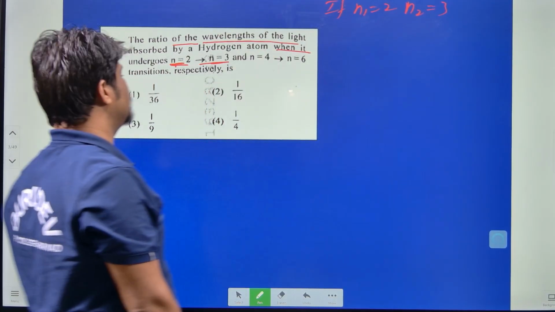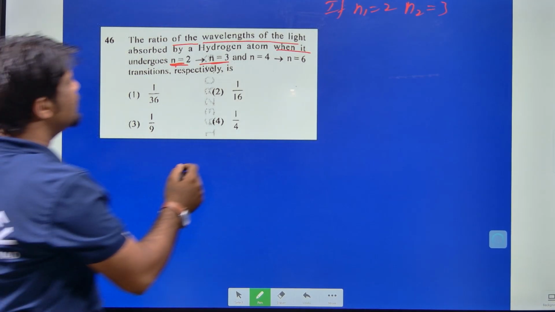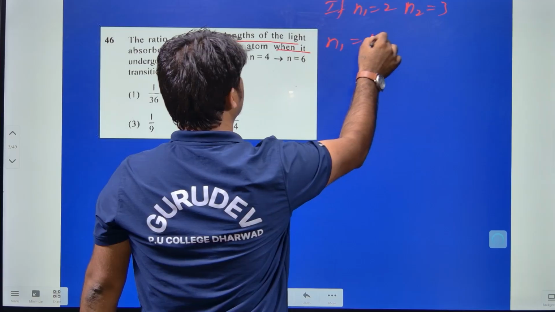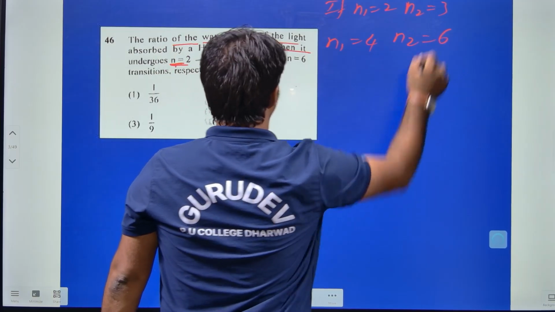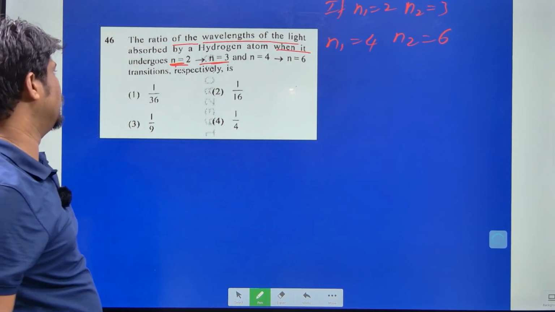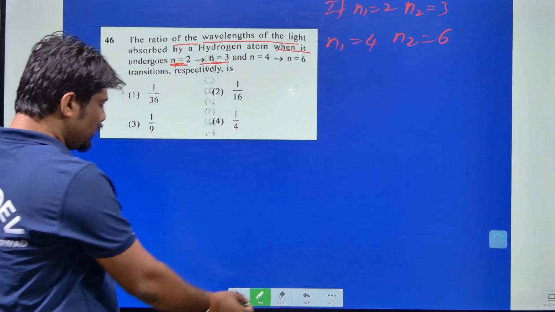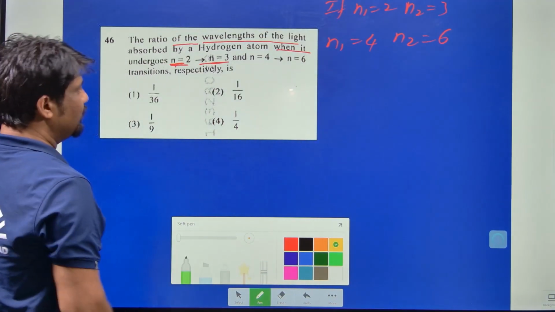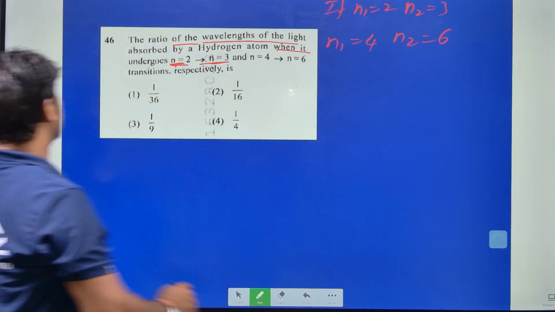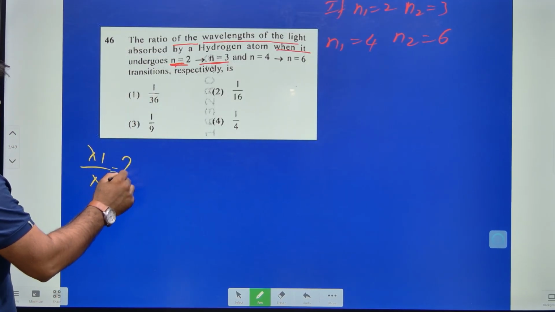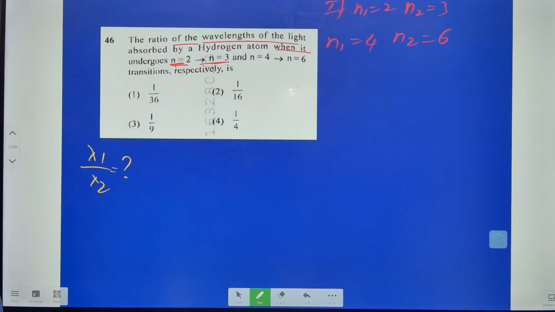This is one transition, and another one is n1 equal to 4 to n2 equal to 6, respectively. Then what is the ratio of wavelength? We need to calculate lambda 1 divided by lambda 2. So this is the question.